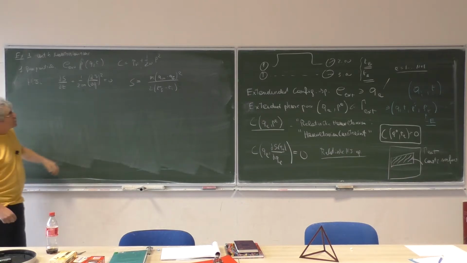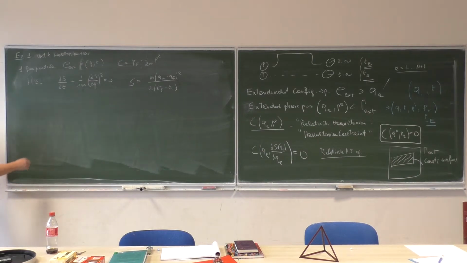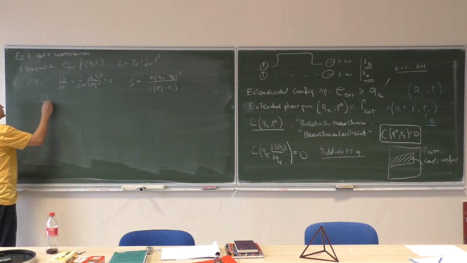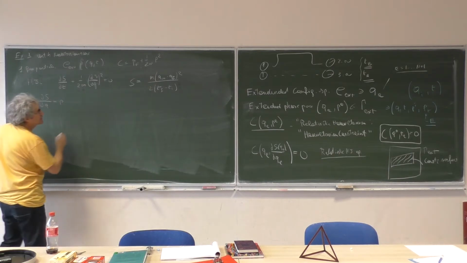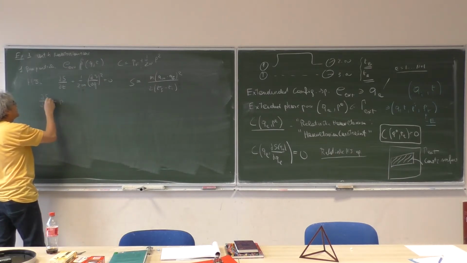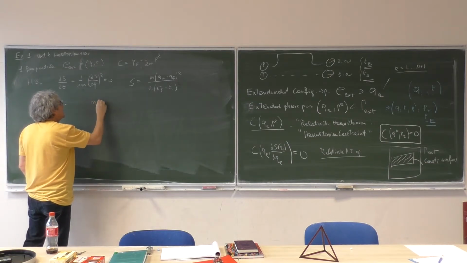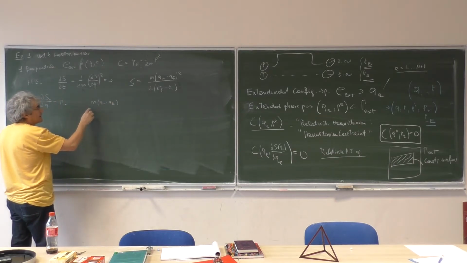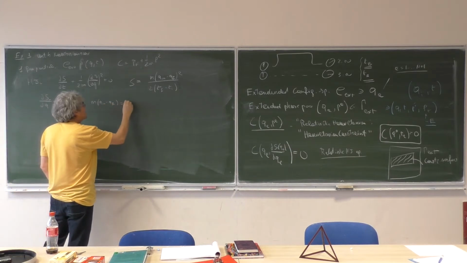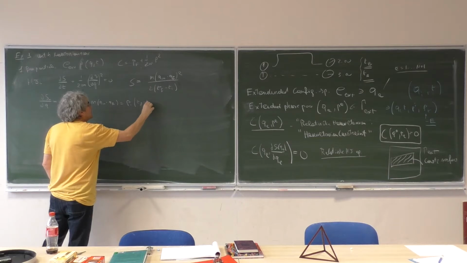And of course, from here you get immediately the solution of the equation of motion, because if you write dS over dq initial equal to p initial, you get m (q initial minus q final), the 2 cancels with the 2 down, divided by t final minus t initial, equal to p_i.